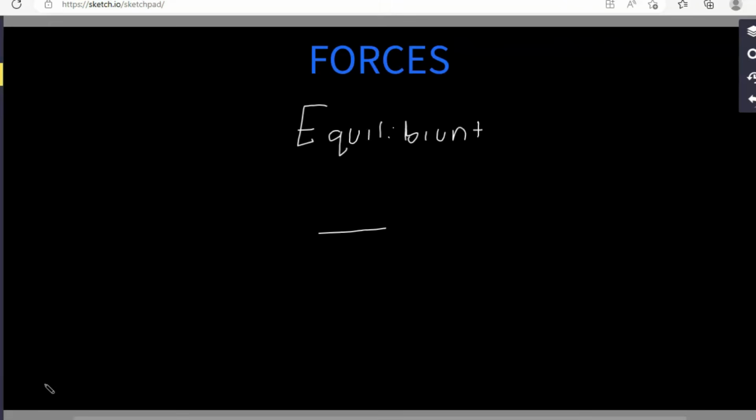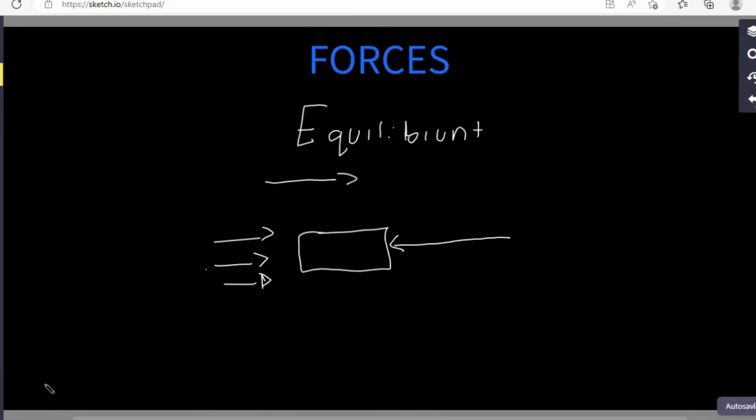So if we have a system of forces in that direction causing the object to move in that direction, the single force that will balance these forces is called the equilibrant. The equilibrant is the force that will bring this object to equilibrium.